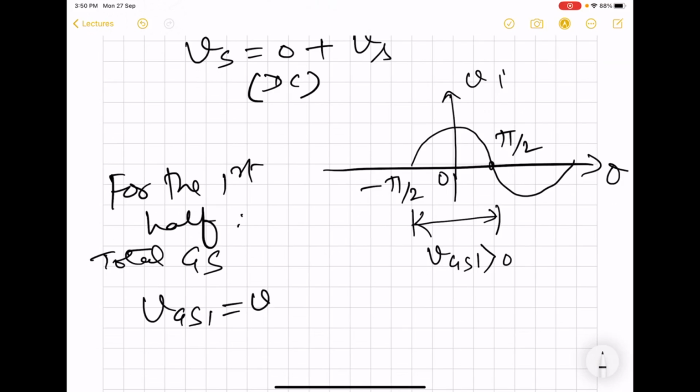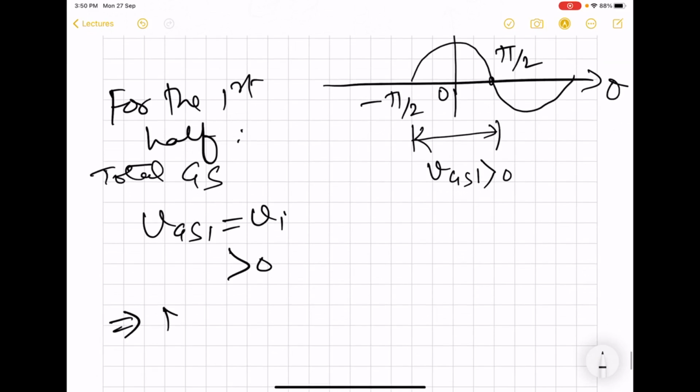There is no DC, so this is simply going to be equal to the input. So this implies MOS 1 conducts.